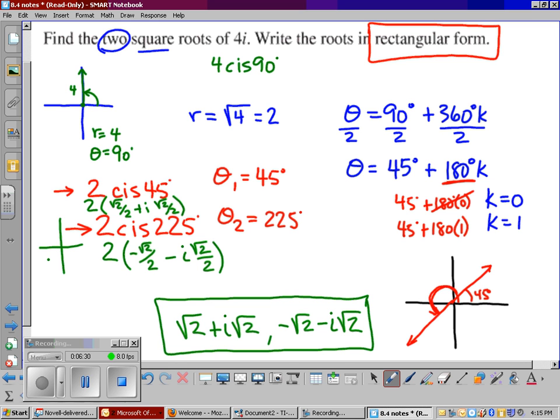Anytime that you have a square root, you're going to be adding 180 degrees, because when you take roots and you graph them, there are always going to be vectors that are equally spaced in one revolution of the circle. So two vectors are always going to be exactly 180 degrees apart. If you have 4 vectors, they're always going to be 90 degrees apart, because that would be 360 divided by 4.